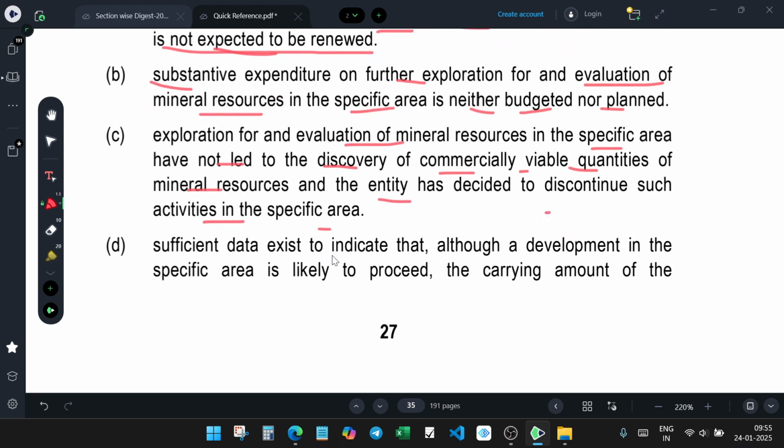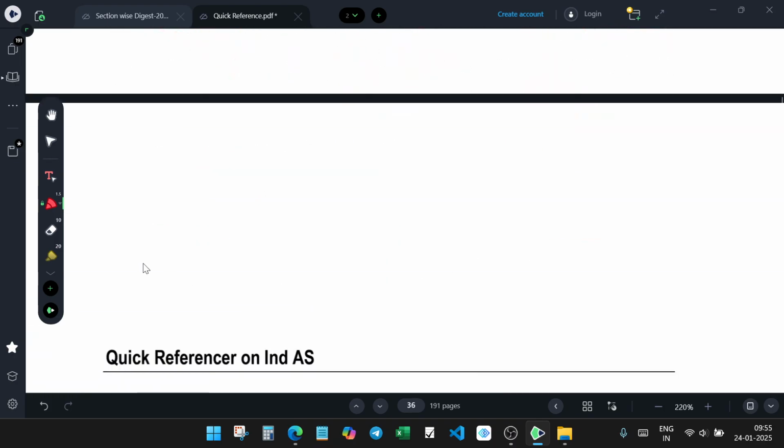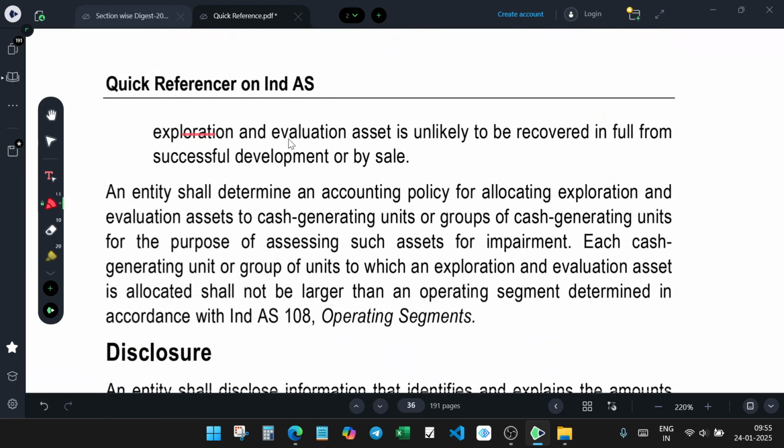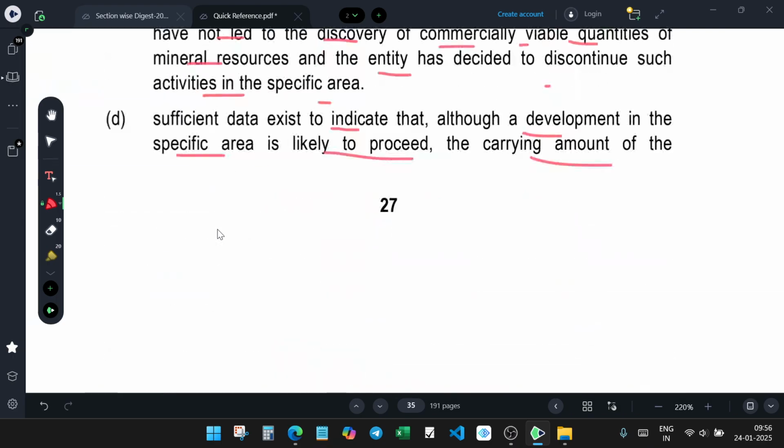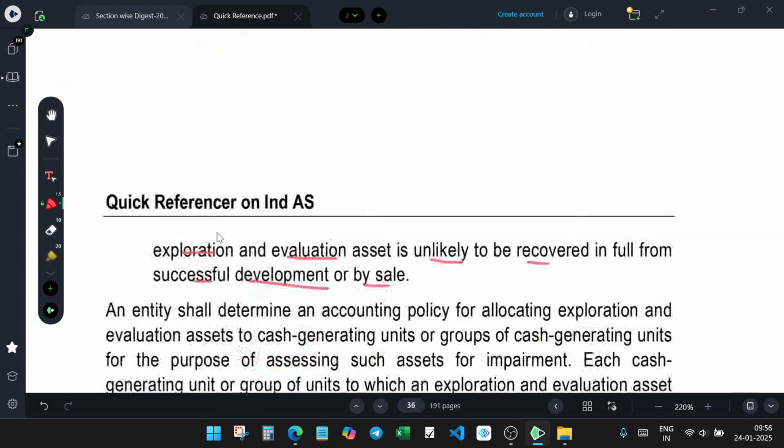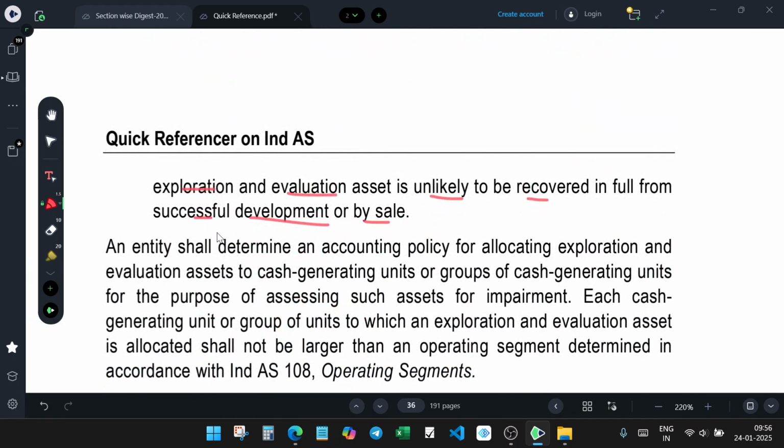Sufficient data exists that indicate that although development in the specific area is likely to proceed, the carrying amount of the exploration and evaluation asset is unlikely to be recovered in full from successful development or by sale. Some companies get the license, find the land, and find this is a viable business.